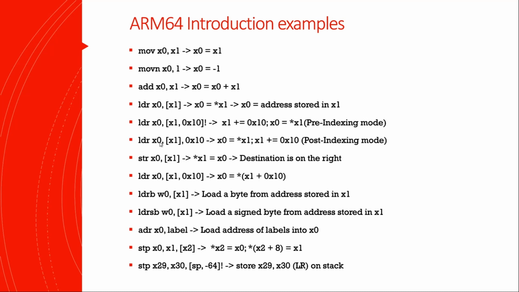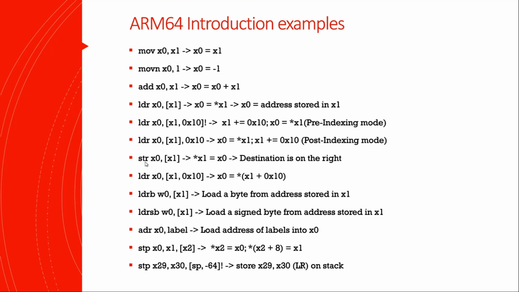Then we have LDR x0 comma x1 square brackets comma 0x10. This is our post indexing mode. What this means basically is whatever the value pointed out by the memory address of x1 will be first stored into x0, and then x1 will be incremented by 0x10.